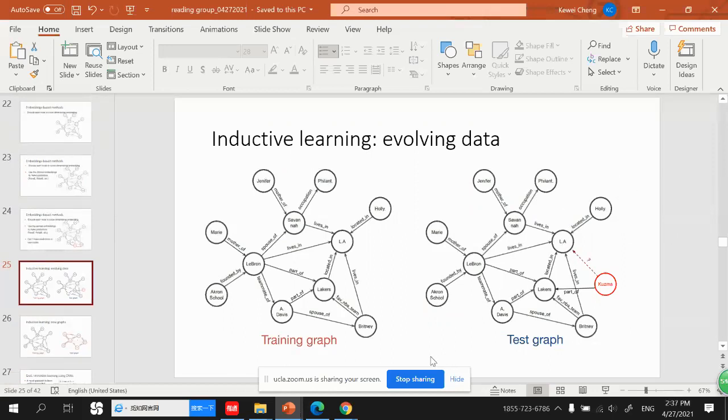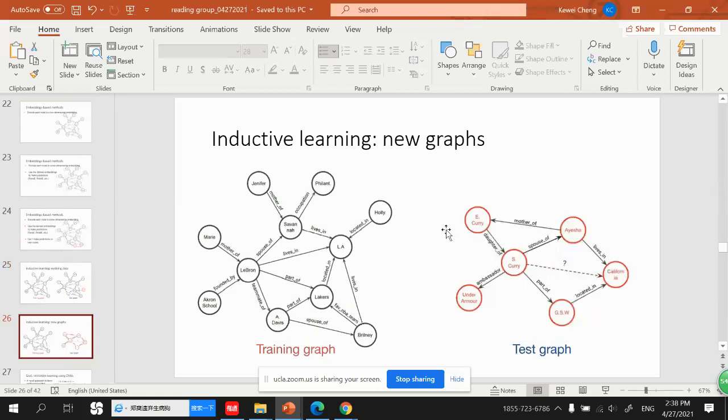For example, we could have such a knowledge graph as the training graph, but when we're trying to conduct a test, when we're trying to predict the downstream task, usually we will have some other newly appearing nodes which need to be handled, because the graph is usually evolving. When time increases, many new nodes will appear, and it will be better for us to be able to handle these newly occurred nodes.